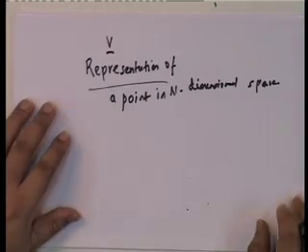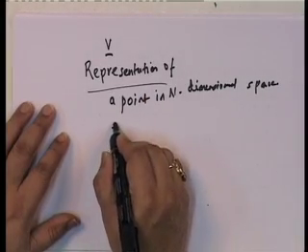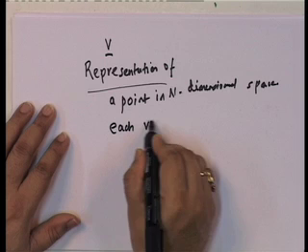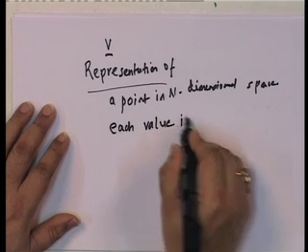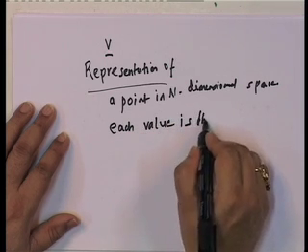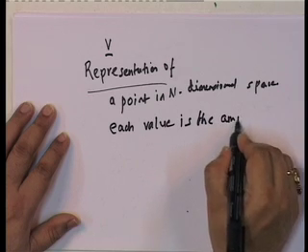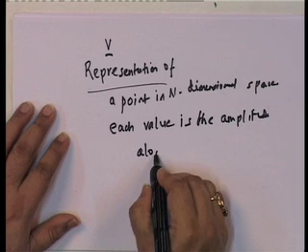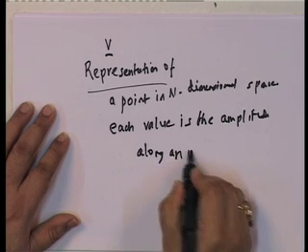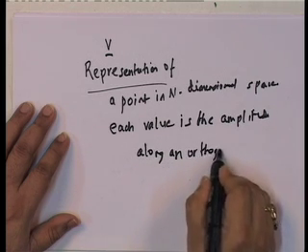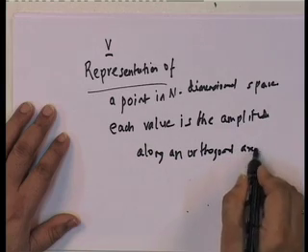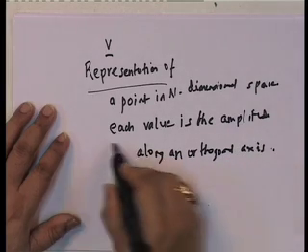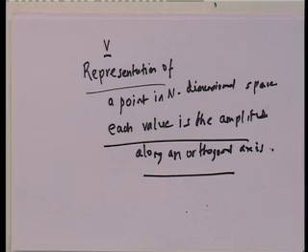So, that is why we say n dimensional space, because each value is the amplitude along an orthogonal axis. Do you agree to this? I have already shown it.